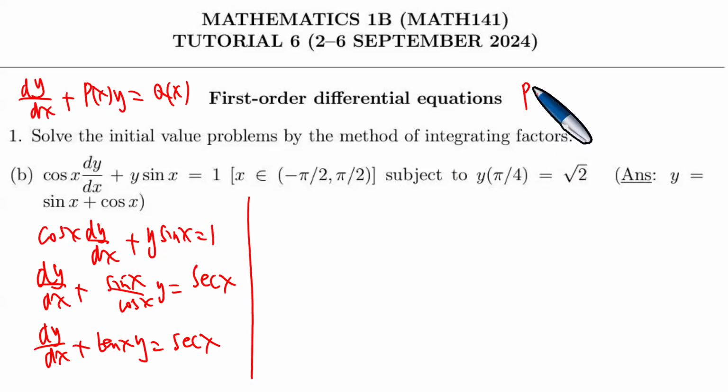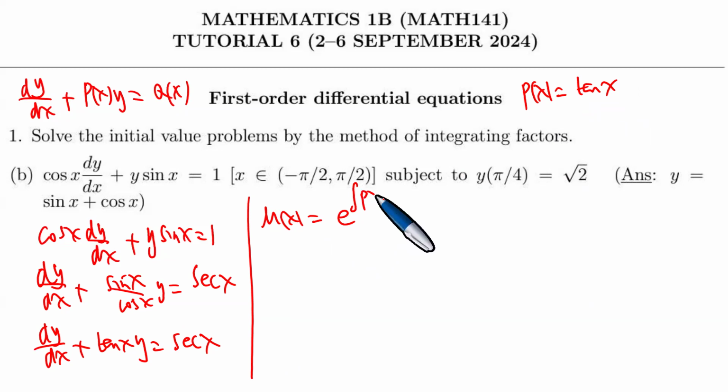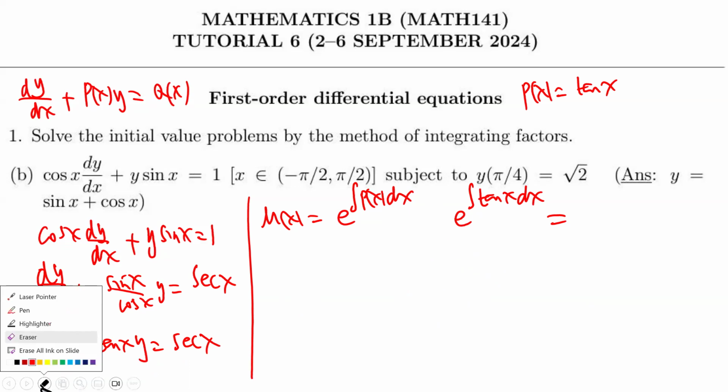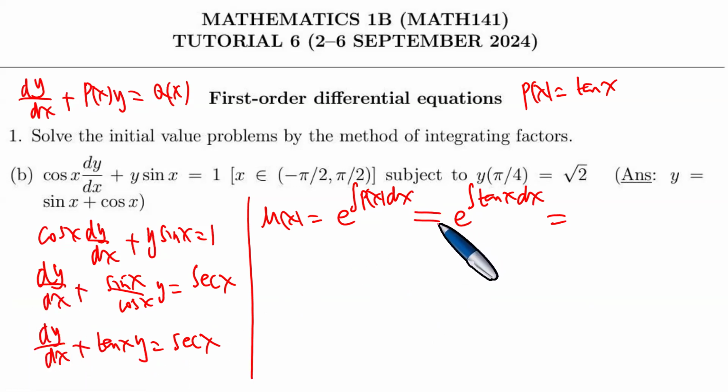What is our p? It is the tangent of x. Okay, what is the integral of the tangent?